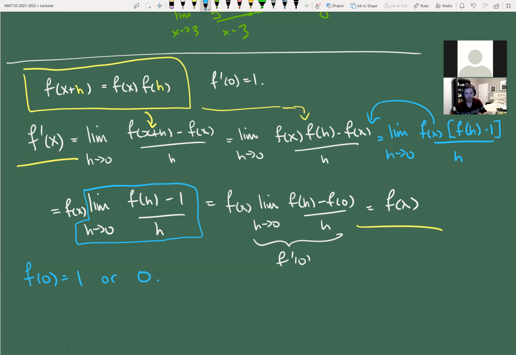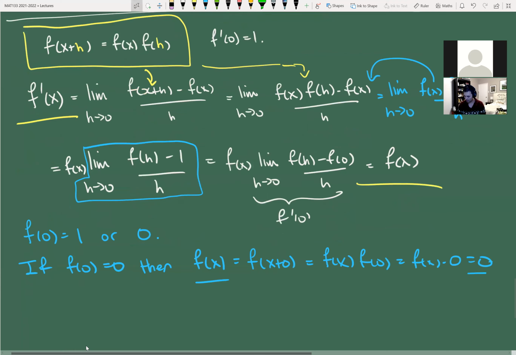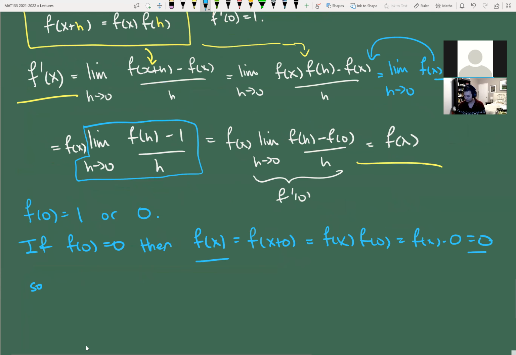But if f of 0 is 0, then f of x is f of x plus 0, which is f of x times f of 0, which is f of x times 0, equal to 0, i.e. f is the 0 function. It's constantly just 0. So if f of 0 is 0, then it's constantly 0.